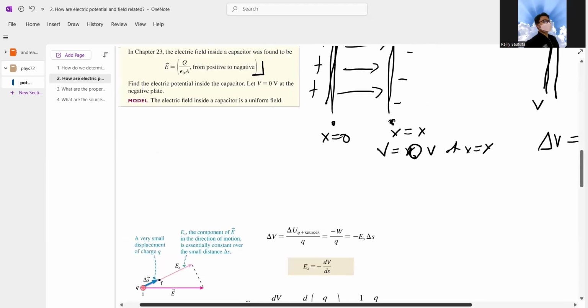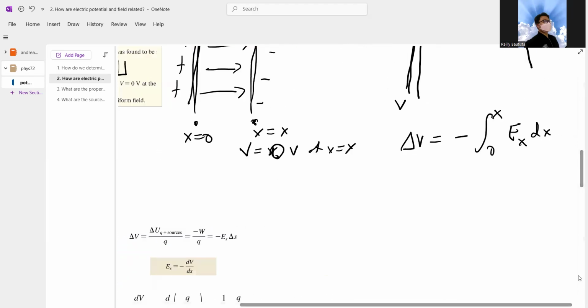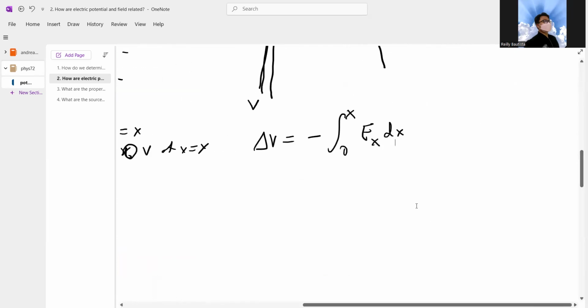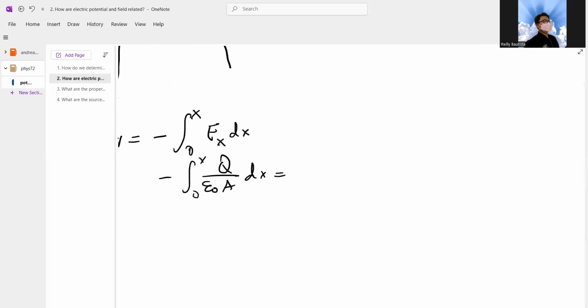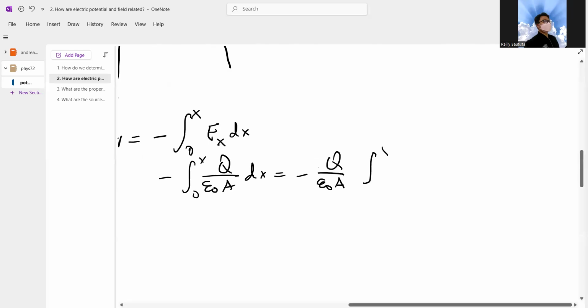We are given the electric field Q over epsilon naught A. Let's put it that way: Q over epsilon naught A dx equals... well, these are constants, so we just put them outside, dx.